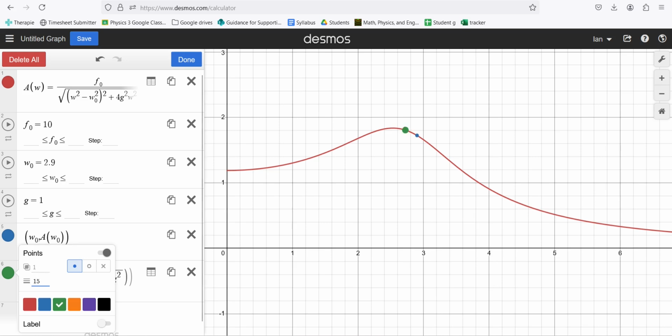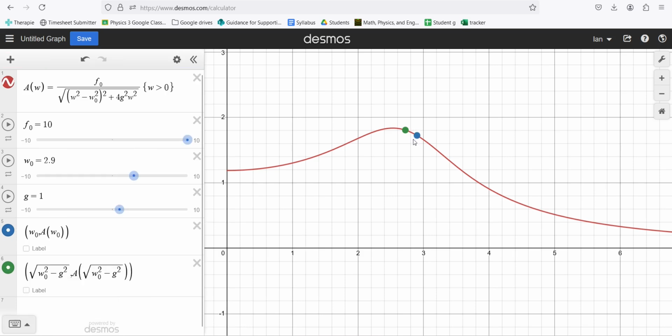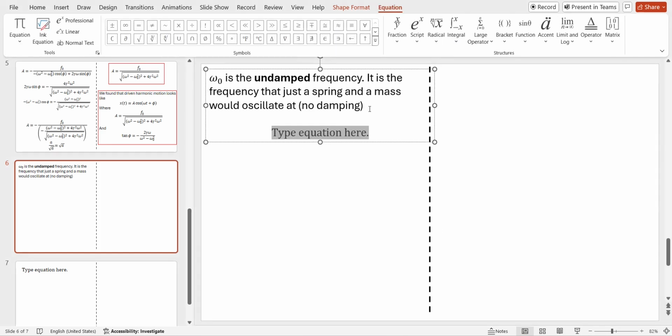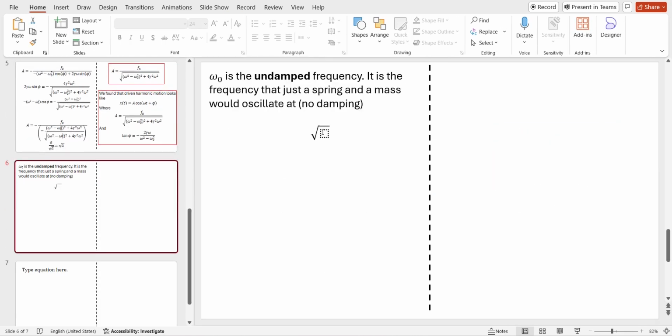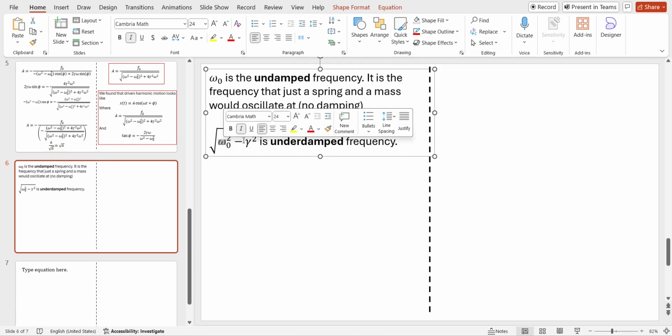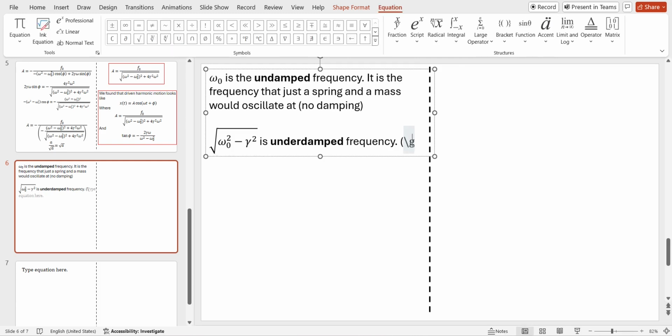So there is damping, but it's not as strong as omega naught, sorry. Now I'm talking about the underdamped frequency. Omega naught squared minus gamma squared, under a square root, was the frequency that an underdamped oscillator would oscillate at when you had some damping but not enough to overcome omega naught. There, gamma is less than omega naught. That's the underdamped condition.